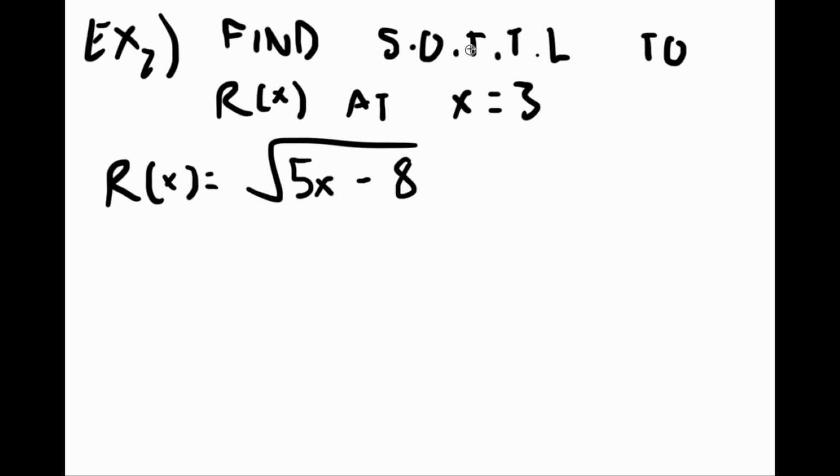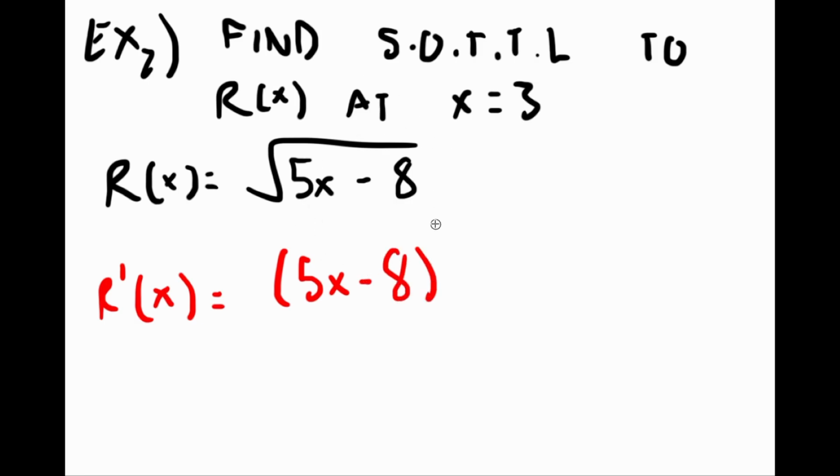All right, so finding the slope of the tangent line to r of x at x equals 3. All we're really going to do is find r prime of x. We could use the limit definition that we had set up last video, but instead, just as a lesson, when there is a square root around an expression, this just means that it is a 1/2 exponent.